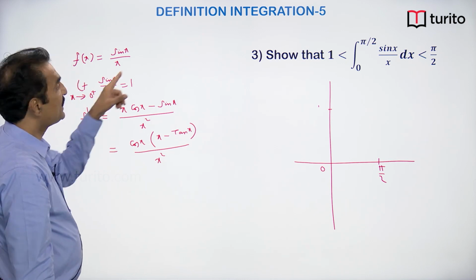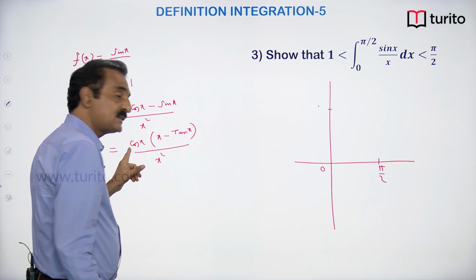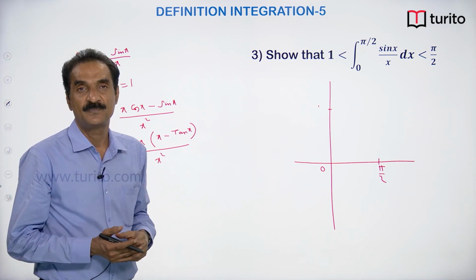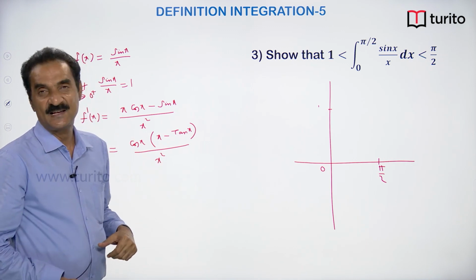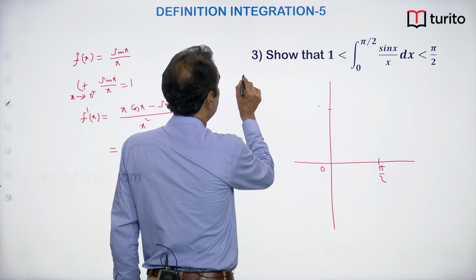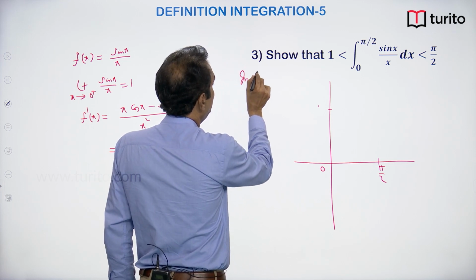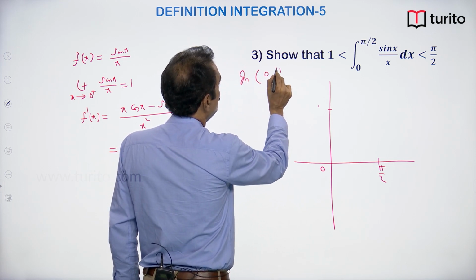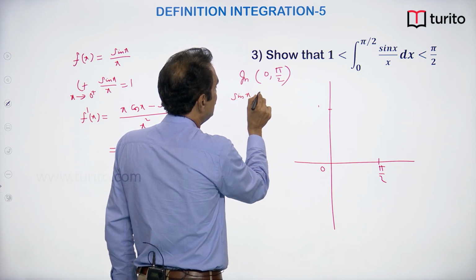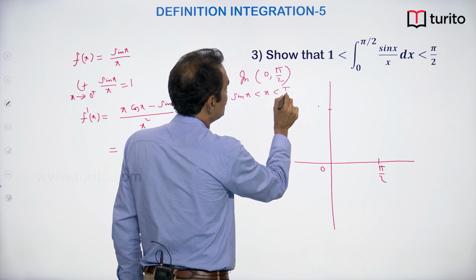Now, in the interval 0 to pi by 2, cos x is positive, x square is positive. What about x minus tan x? All of you must be aware of one standard inequality in the interval 0 to pi by 2, sin x is less than x less than tan x.